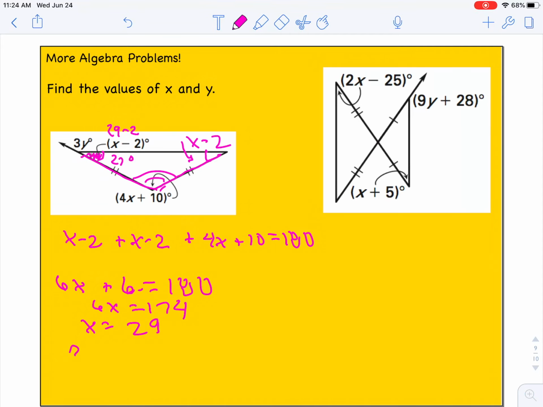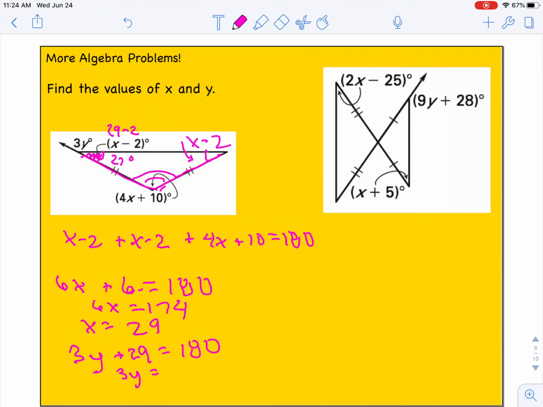So now I know that 3y, it's a linear pair, so 3y plus 29 has to equal 180 degrees. So now I subtract from 180.